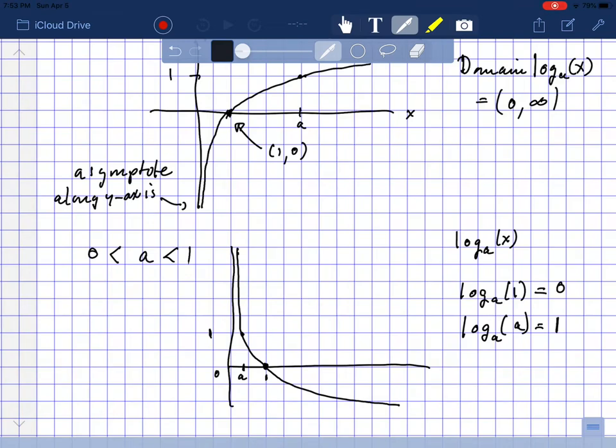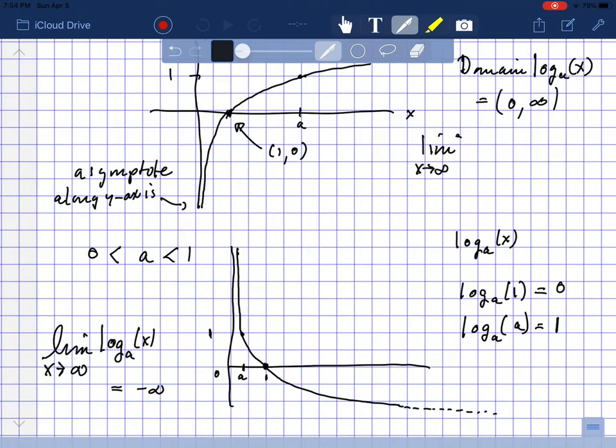Now, the way I've drawn these, it almost looks like there's an asymptote as x goes to plus infinity, but that doesn't happen. Let me write that down here. The limit as x goes to infinity of the log base a of x, well, look, this curve just keeps on decreasing. And it actually decreases to minus infinity. It does so very slowly.